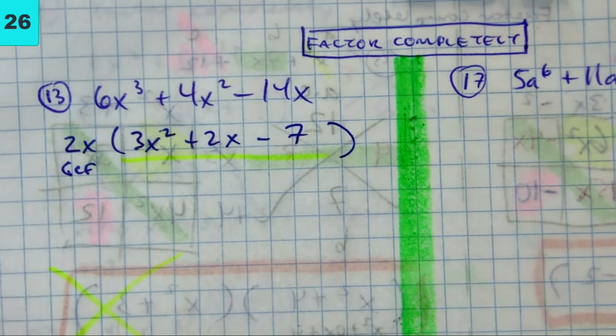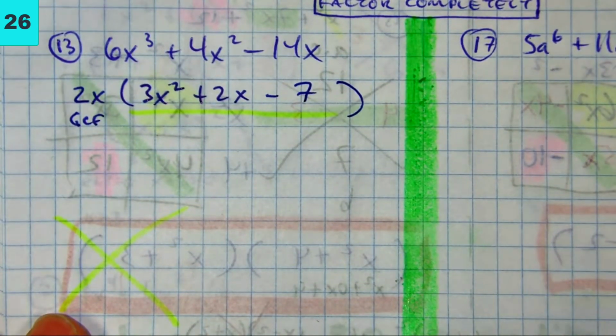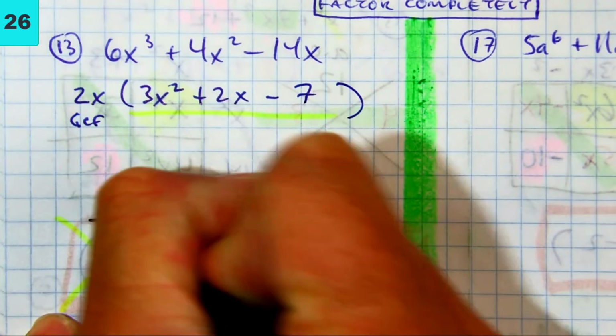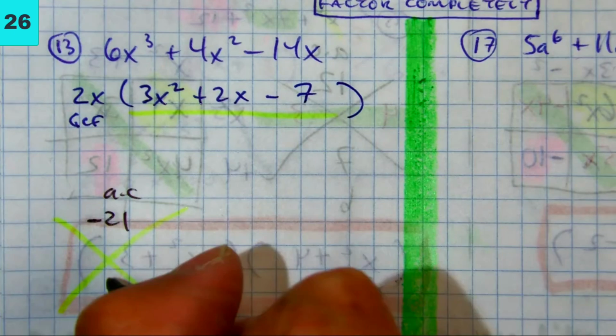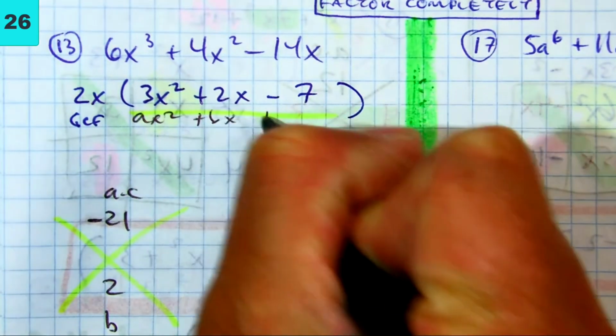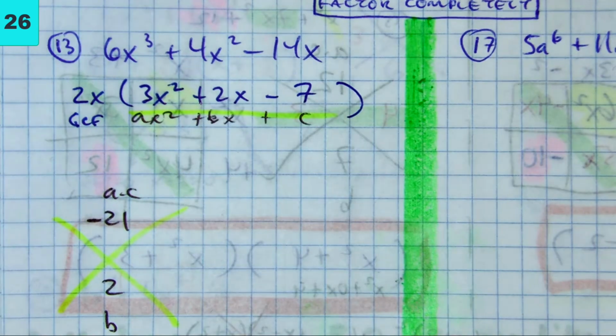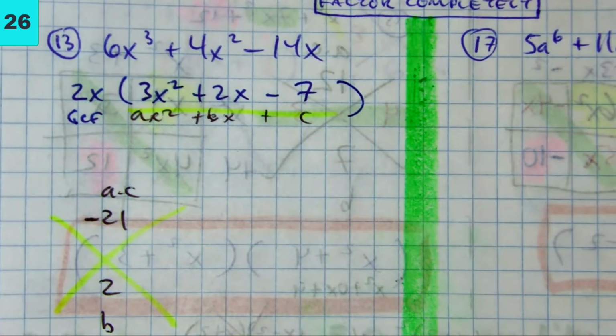Positive or negative? Charlotte, positive or negative? Your B value? Remember, it's ax squared plus bx plus c. That's where we're getting our a, b's, and c's from. They're the coefficients. Charlotte, two numbers that multiply to be negative 21 and add to be 2.